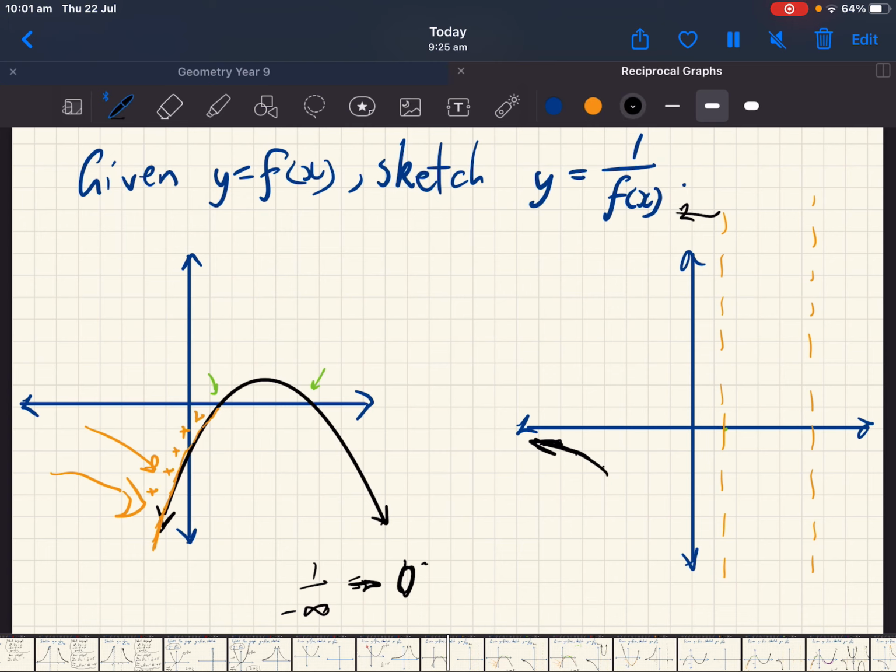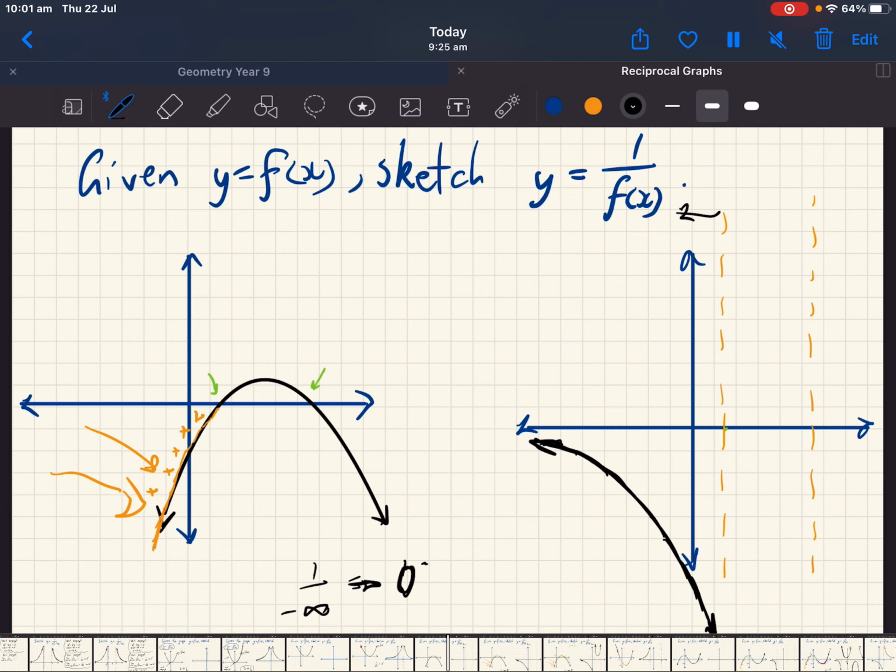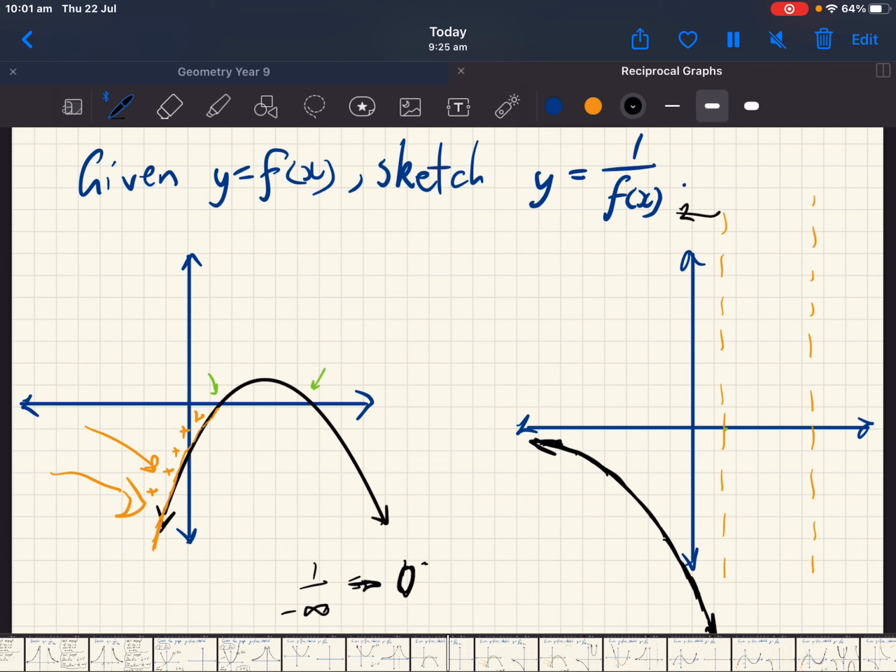It's a positive gradient, so from left to right it's going upwards, which means the reciprocal will need to be going downwards. So the actual values stay the same: negative values, we're below the x-axis in both cases. But the gradient will be reversed. Positive gradient, and the reciprocal has a negative gradient.